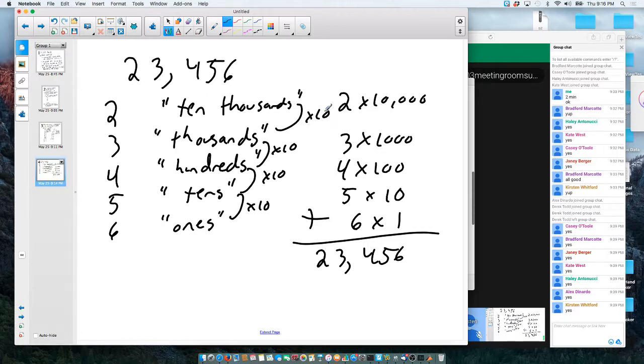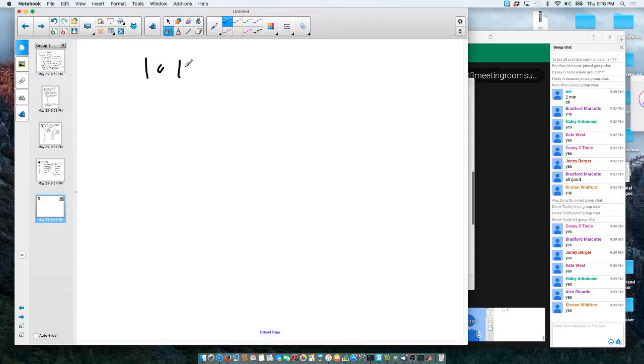So the reason I'm bringing this up is because in a binary number system, where all I have is zeros and ones, the positions, so this guy here is my ones place, right? The positions, instead of going up by tens, go up by twos. Binary means 2, okay? And so I have 1, 2.